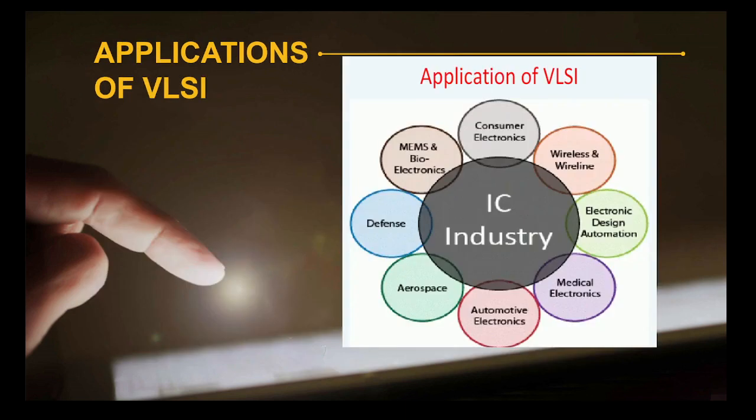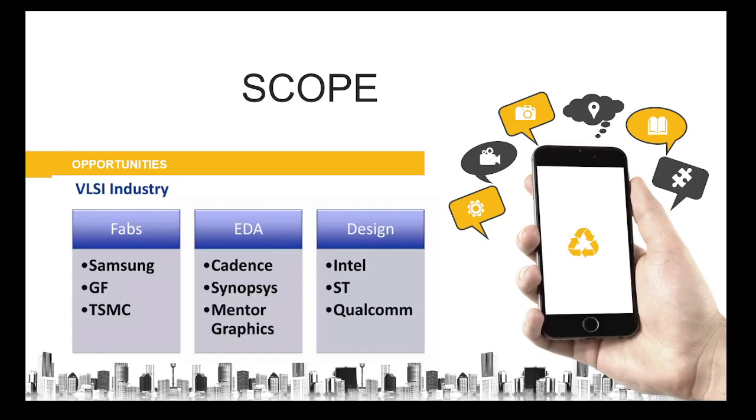Where are the applications of VLSI? It is used in aerospace, automotive electronics, medical electronics, consumer electronics, wireless and wireline, EDA, electronic design automation, MEMS, micro electro mechanical systems, bioelectronics, and defense. In most industries, VLSI is greatly used.